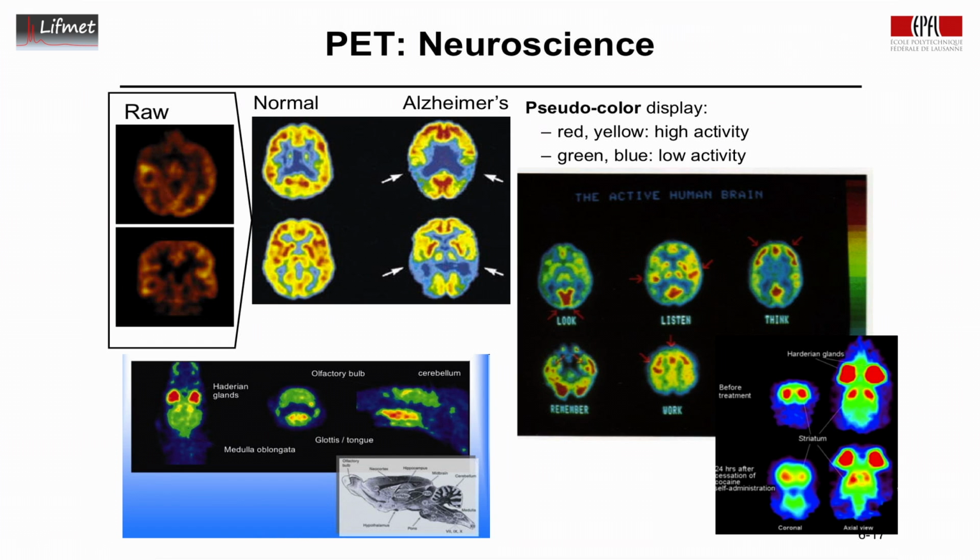Here's an example of a measurement of metabolism using PET, in an animal model of cocaine self-administration. These are some examples of PET in neuroscience.